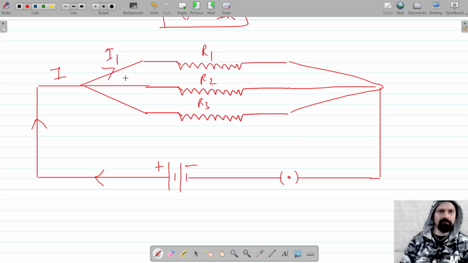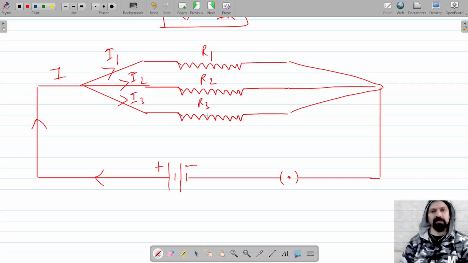Let I1 be the current in the R1 resistor, I2 be the current in the R2, and I3 be the current in this R3 resistor. और potential difference जो है वो will remain the same across all the resistors.